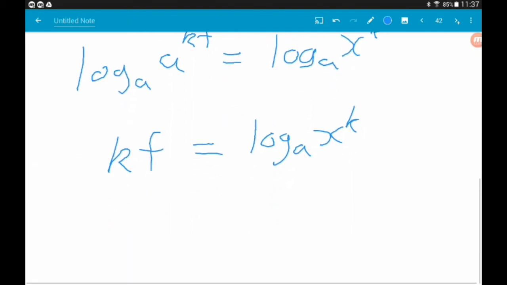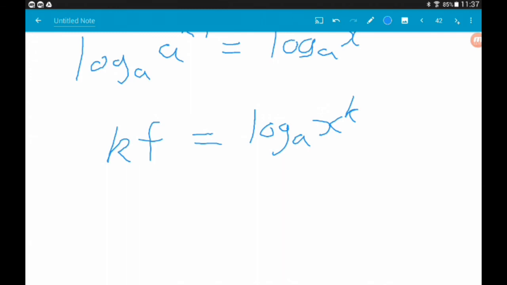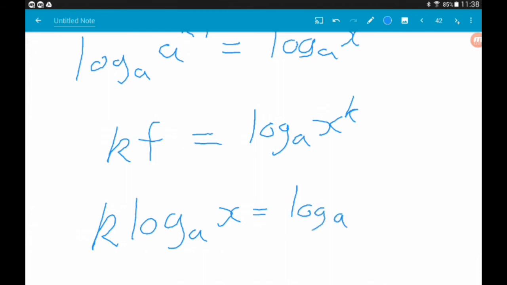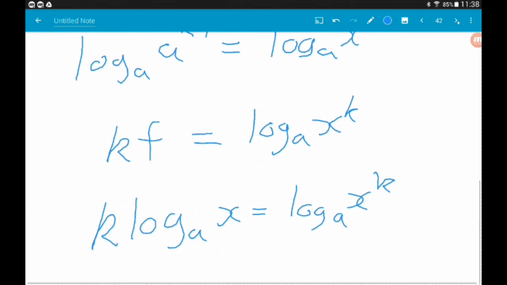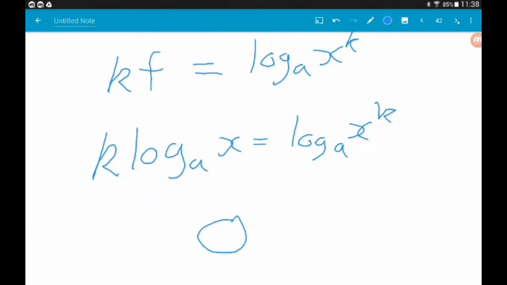And then remember, at the start we said that log base a of x was equal to f. So on the left we've actually got k lots of log base a of x is equal to log base a of x to the power k. So again, QED, we've proven the third law.